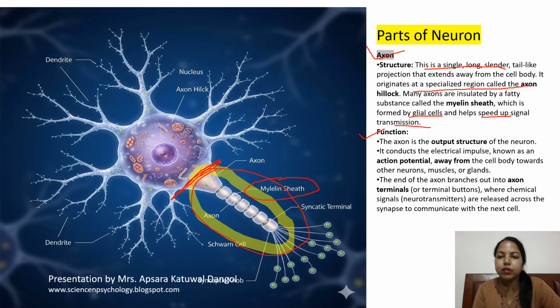Now, what is the major function of the axon? The axon is the output structure of the neuron. As you can see here, it extends away from the cell body.